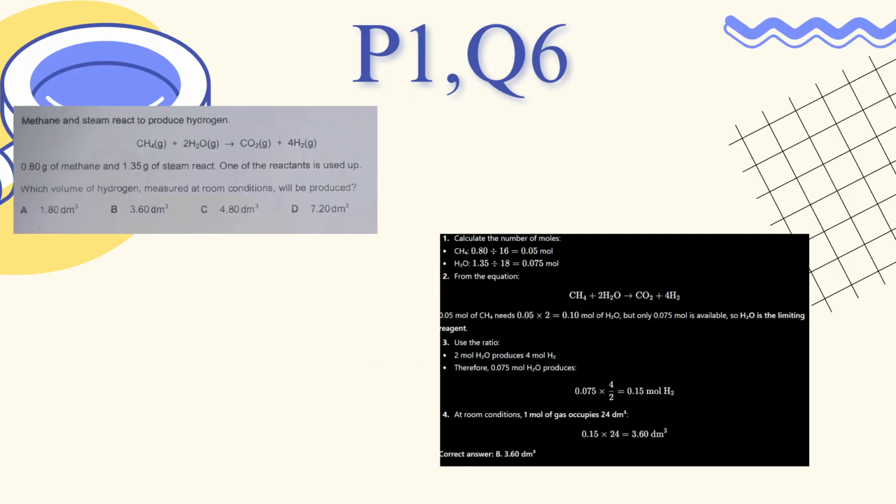We move to question number 6. Methane and steam react to produce hydrogen. 0.80 grams of methane and 1.35 grams of steam react, and one of the reactants is used up. Which volume of hydrogen measured at room conditions will be produced?